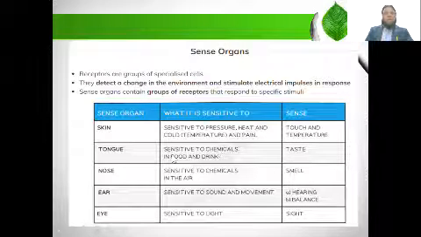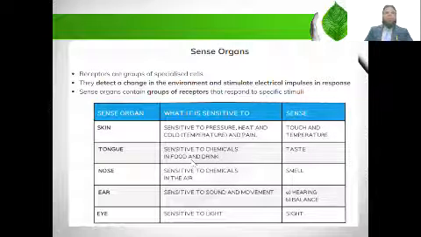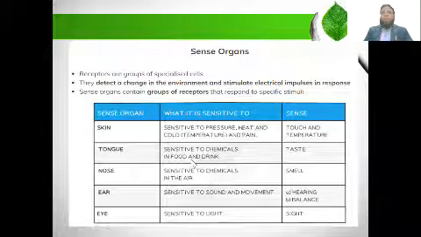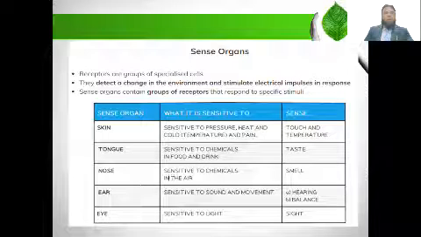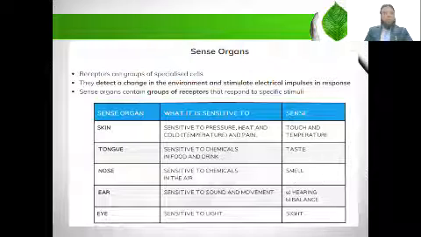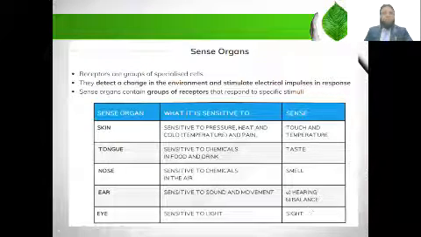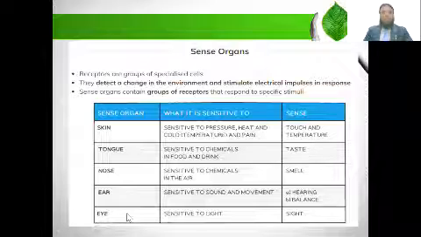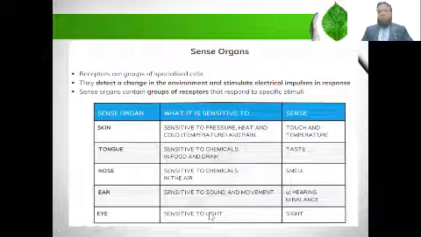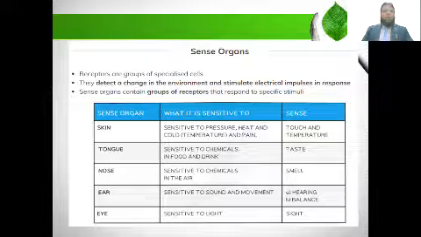The tongue is sensitive to chemicals, basically chemoreceptors, and it senses taste. The nose is also sensitive to chemicals, again chemoreceptors, and it senses smell. The ear is sensitive to sound and movement, that is hearing and balancing of the body. And the eye is sensitive to light, which gives the sense of sight. So these are the different sense organs.